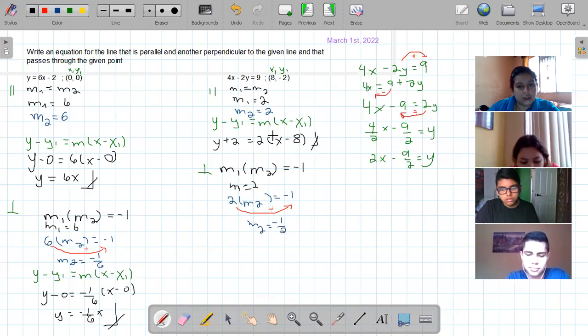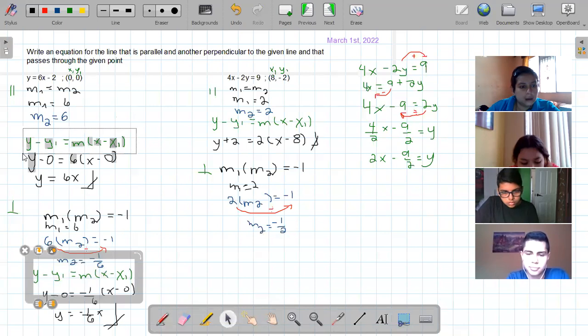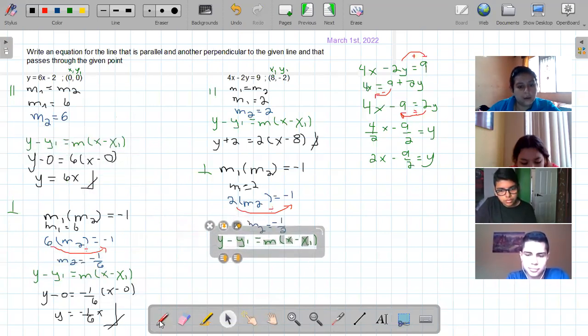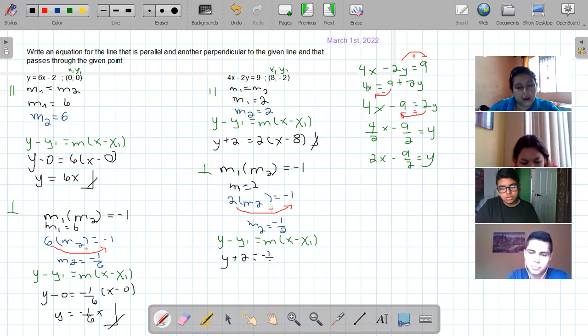And I have my given slope and my given point. So I'm ready to find my equation with point slope form, okay? So now I have y -2, so plus 2 is equal to -1/2, the slope that I just found, parenthesis x, and x1 is positive, so -8.